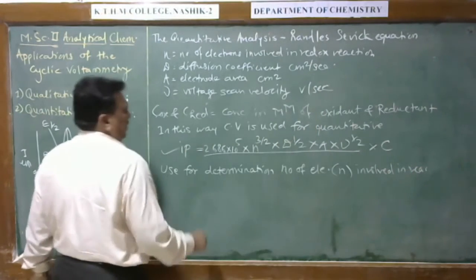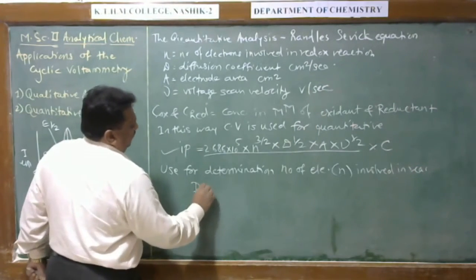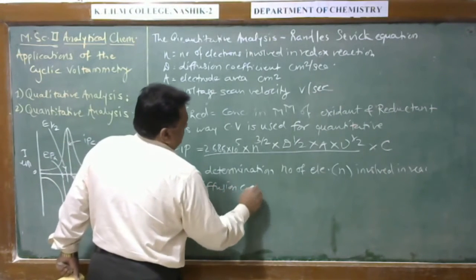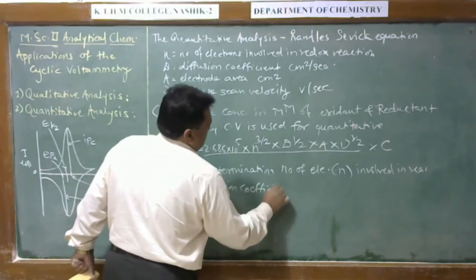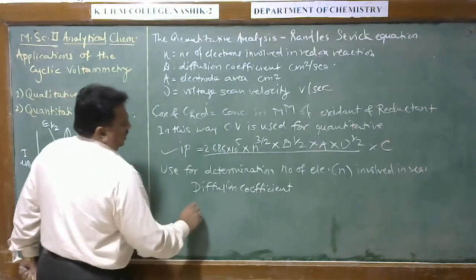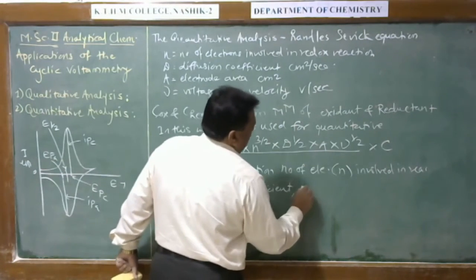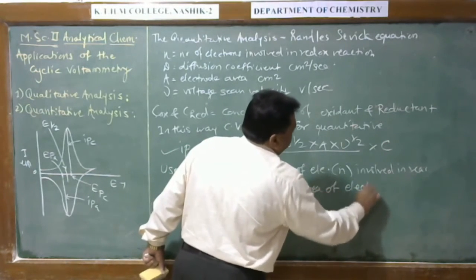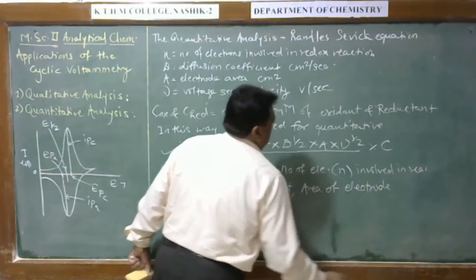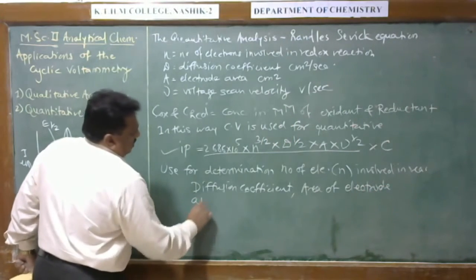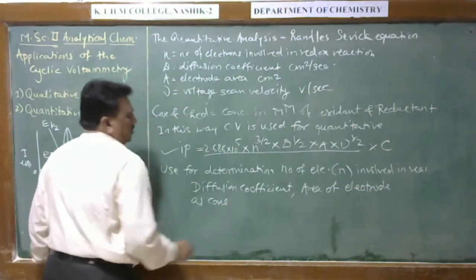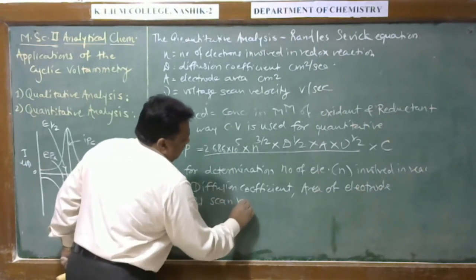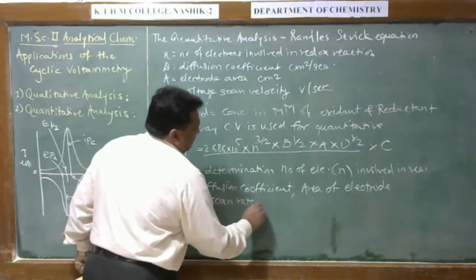Similarly, it is used for determination of diffusion coefficient, then for determination of area of electrode, as well as concentration, as well as scan rate or voltage scan rate in the experiment.